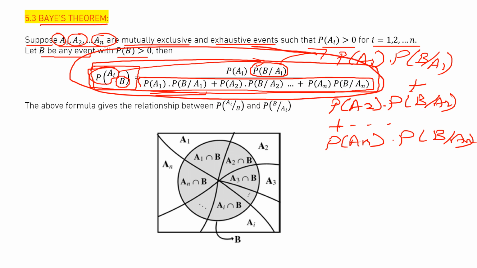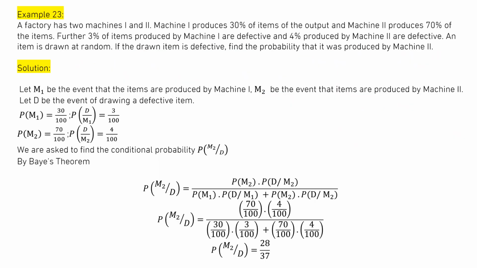Let us discuss some problems based on this theorem. A factory has two machines, 1 and 2. So you can name the events like this. M1 be the event of choosing machine number 1. M2 be the event that the item is produced by machine number 2. So there are two machines. Read the next line.